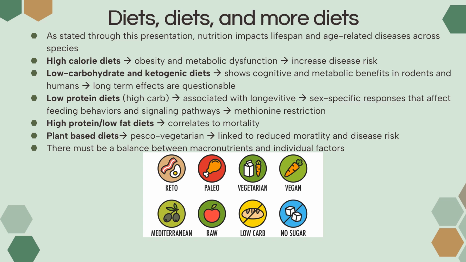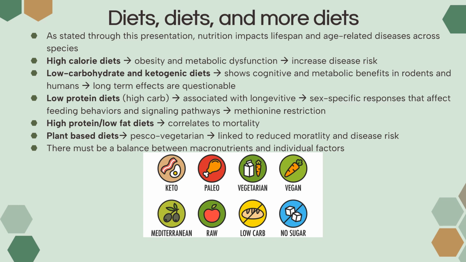For low protein diets, you're going to have a high amount of carbs, and this is associated with longevity in rodents with sex-specific responses. For the high protein diet, you are going to have a high amount of mortality because it does not offer significant health benefits.